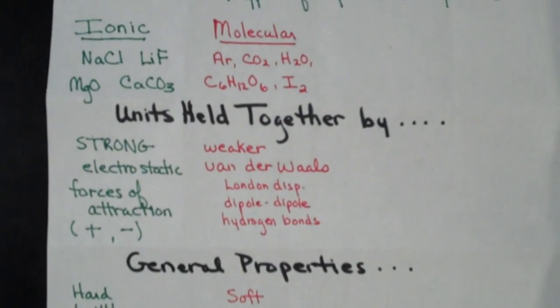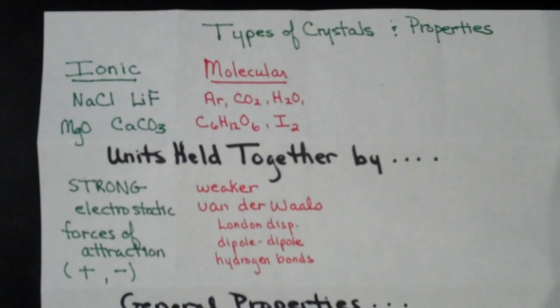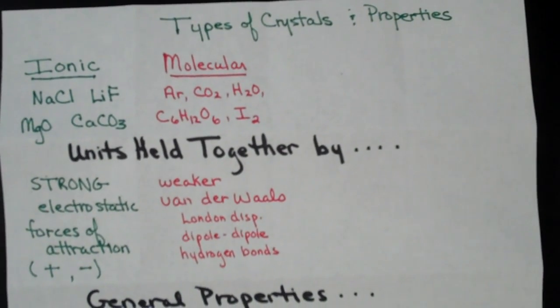We can now compare this to, now this is going to be a little different because I've talked about covalent bonding, and this is where they're going to nail you. Even though these compounds are held together by covalent bonds, the truth is that in the crystal structure, these form molecules.